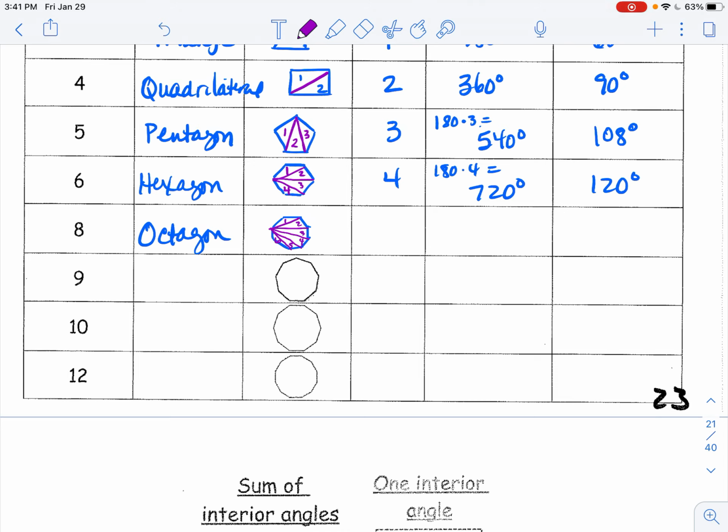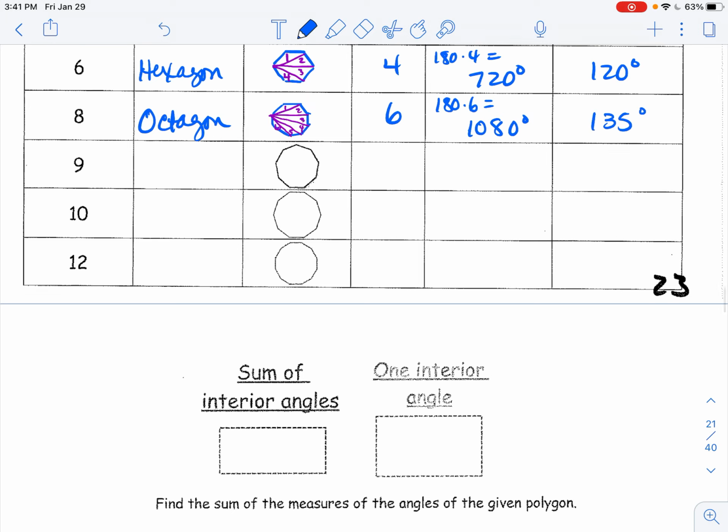Woo, 6. I got 6 triangles because I had 5 diagonals. 180 times 6 is going to be 1080. And if I divide that by 8, I'm going to have 135 for each of the angles.